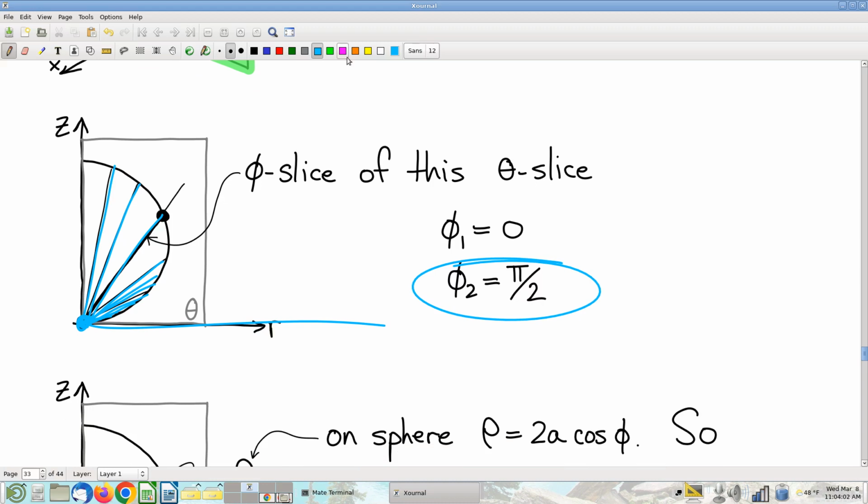You could try to convince yourself of this by entertaining any value of phi greater than pi over 2 would be heading down, and there isn't any slice down, it's all up. What do you think? Everybody happy with the pi over 2 claim?